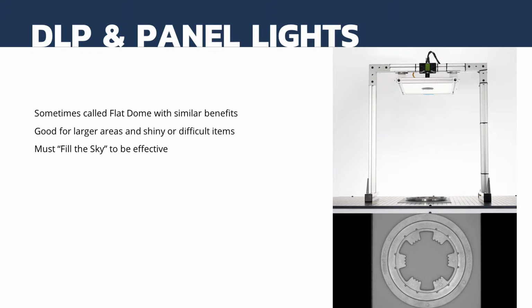So these lights are higher power and have a lot of LEDs, which make them a little bit higher cost. So you're not going to use them where a ring or a bar light does work for bright field. But when you have to cover large areas, then they're more cost effective than trying to use multiple lights. So the DLP and panel lights then help you fill the sky to be effective with larger specular items.